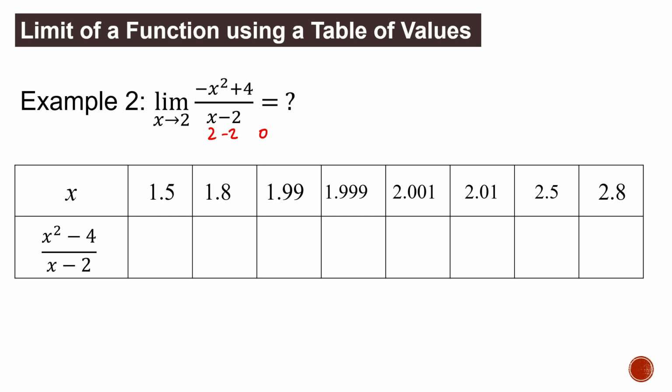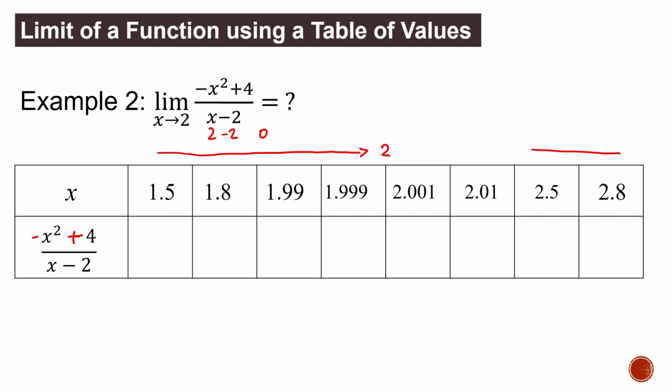But let's try to use the table of values. By the way, this is negative x squared plus 4. I was not able to edit this. Okay. So I used 1.5, 1.8, 1.99, 1.999. Okay, so these numbers, imagine again a number line, they are approaching number 2.